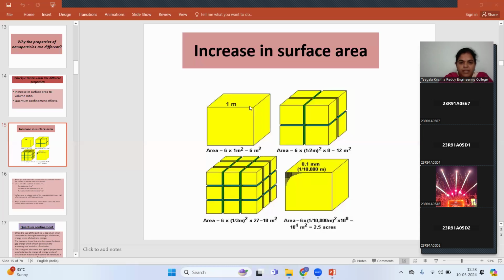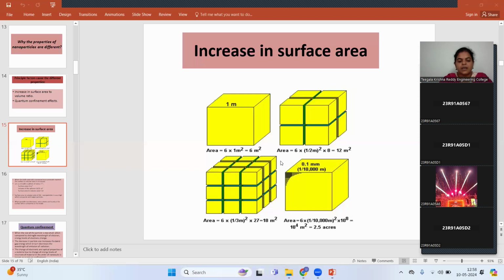In the second example, a bulk material is taken as a 1 meter cube. Its surface area is 6 into half meter square. When it is divided into 8 pieces, the surface area is 6 into half meter square into 8, and finally we get 12 meter square. When it is divided into 27 pieces, we get 18 meter square.